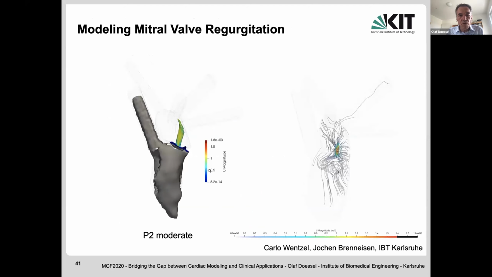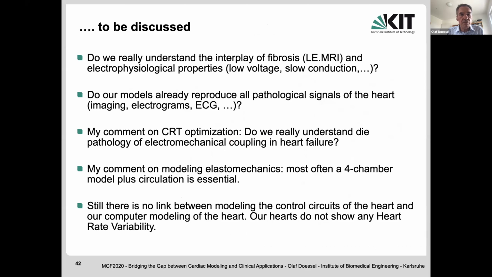And this is just one example where you see the jet here, and in different visualizations, you see the jet that goes back from the left ventricle to the left atrium, and we can now play around with the severity of the disease and with the location, and try to get more information out of that.